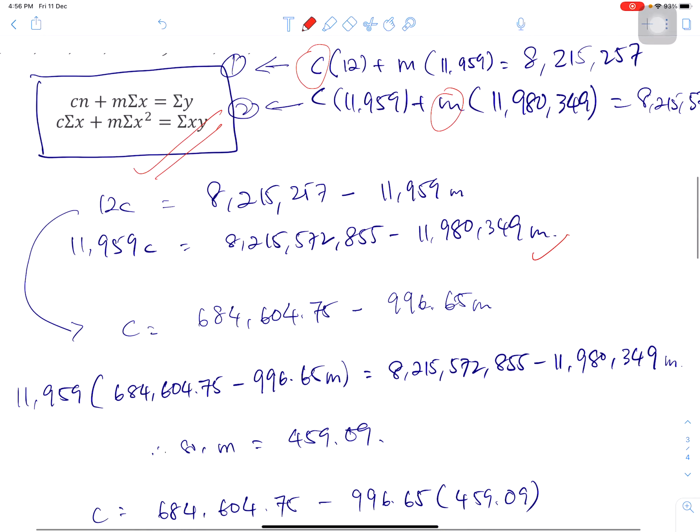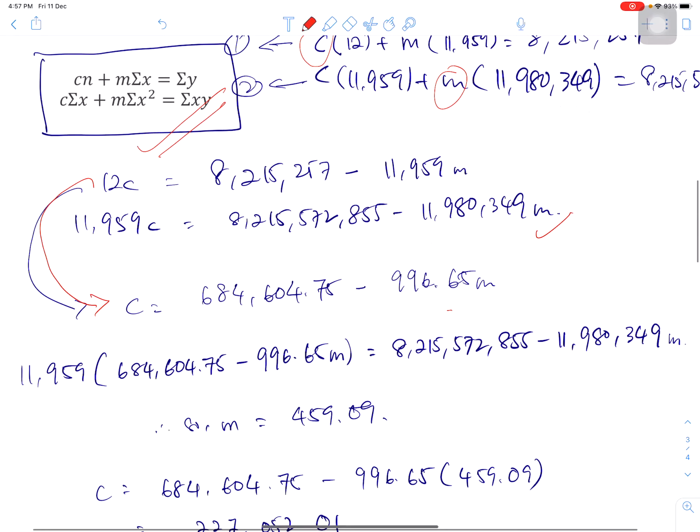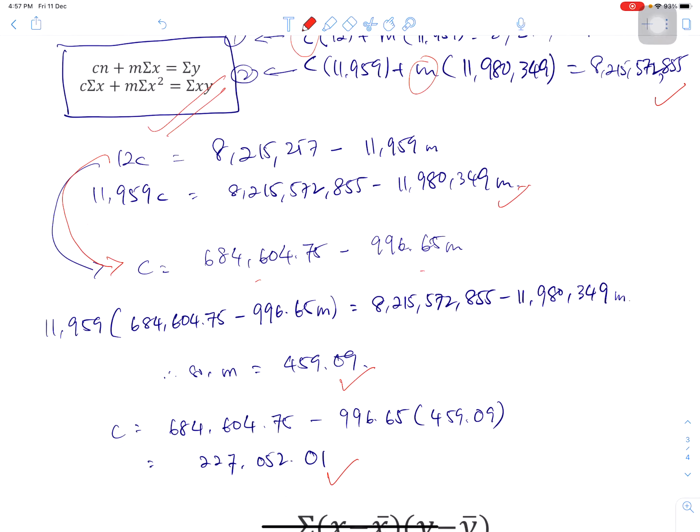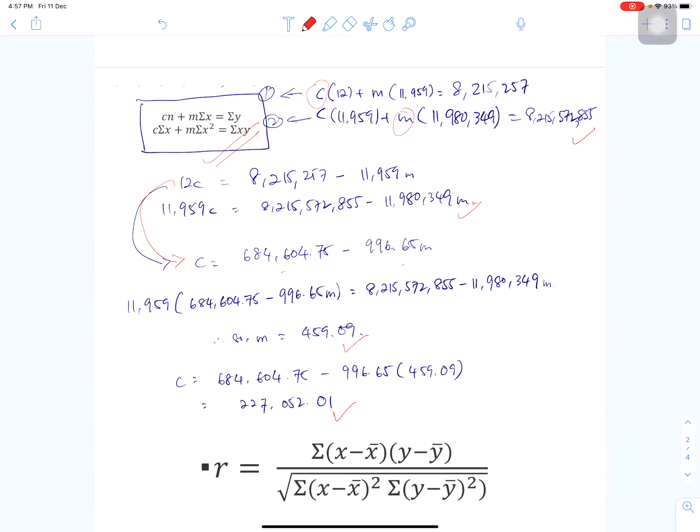From this equation, you make C the subject, then put it into the second equation, and you will have M equal to 459.09. Then by substituting the M into the first equation, you will get C equal to 227.052. So this is the manual calculation when you want to find the graph of y equal to mx plus c.